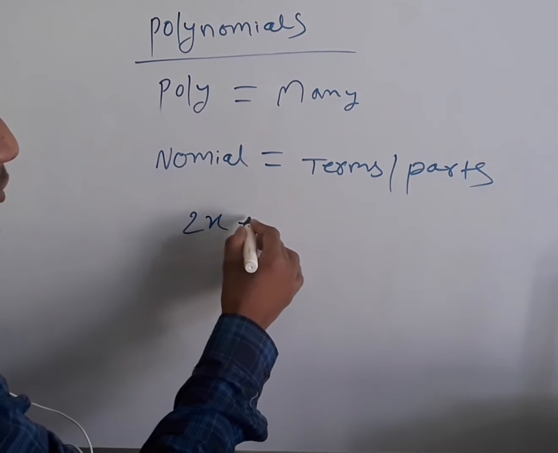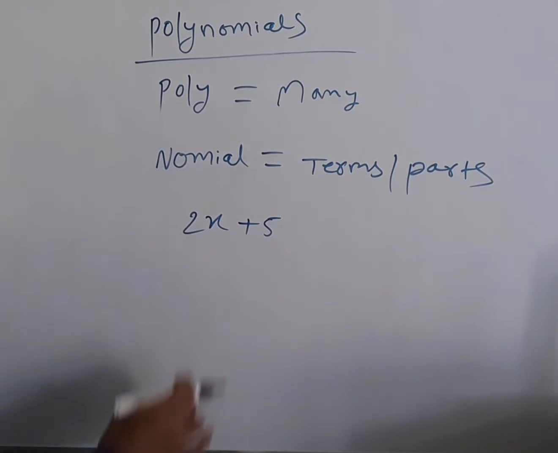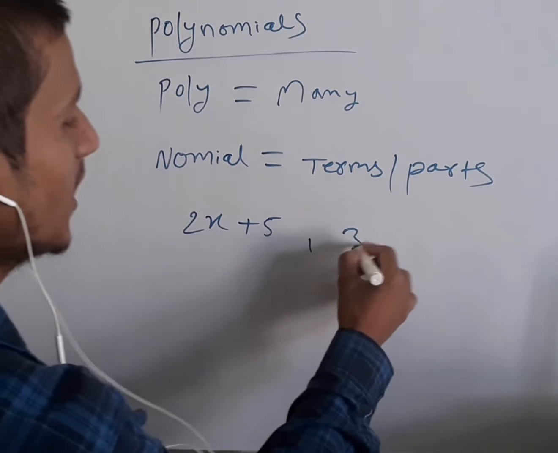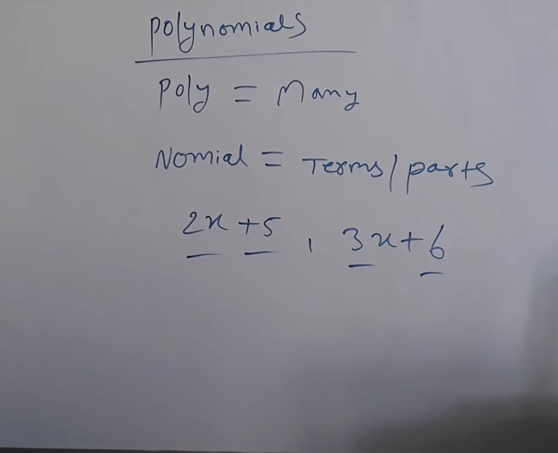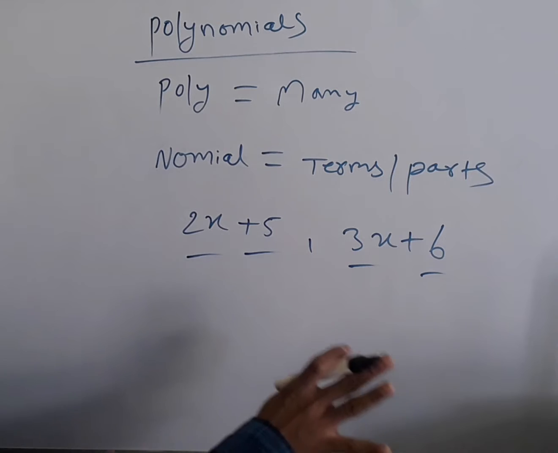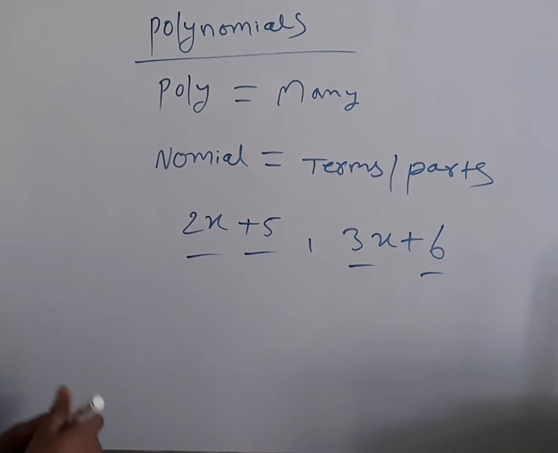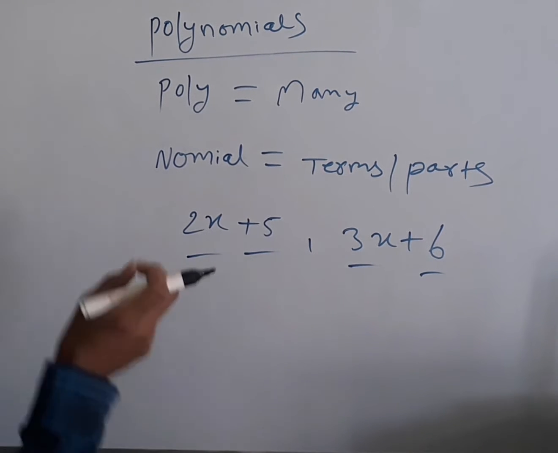For example, 2x plus 5 is a polynomial. 3x plus 6 is a polynomial. We have two terms here, and we're going to talk about the meaning of term as well. But this is not its complete meaning. Having many terms is not what makes a polynomial. Polynomials can have only one term also.